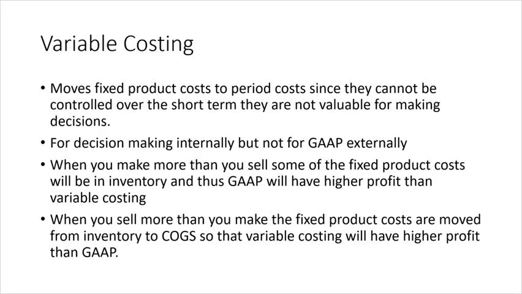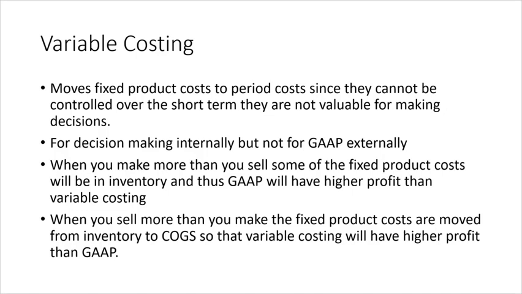And if that's the case, when you make more than you sell, your fixed product costs will be in inventory, and thus GAAP will have a higher profit than variable costing. So you'll actually have a difference between your contribution margin format income statement and your regular income statement.